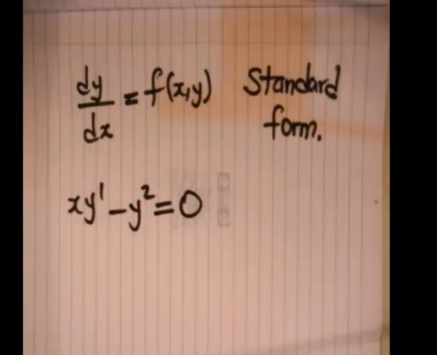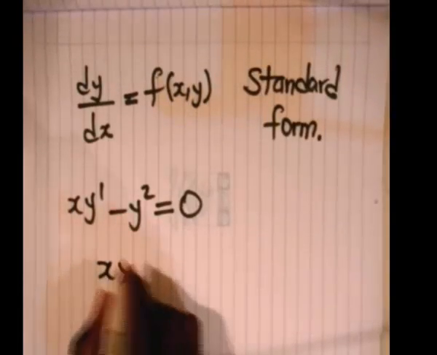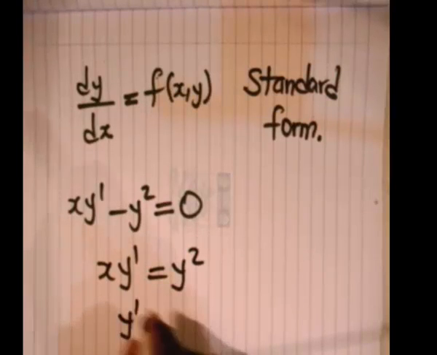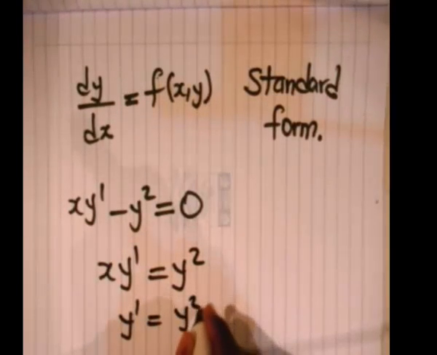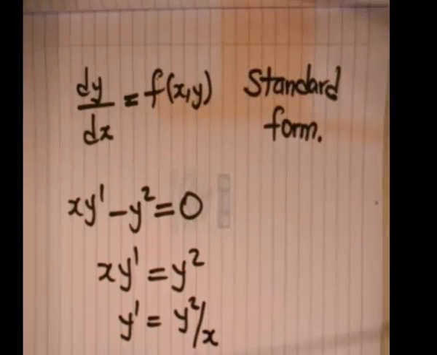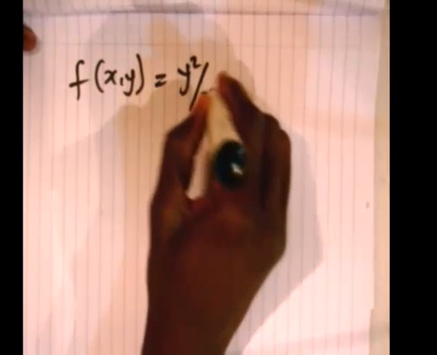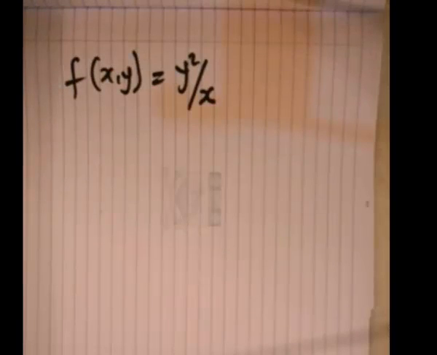We are requested to write this ordinary differential equation, which is already in the general form, in standard form. In other words, make y' the subject. xy' equals y squared, so y' equals y squared on x. The standard form is given by f of x, y equals y squared on x. This is very simple.